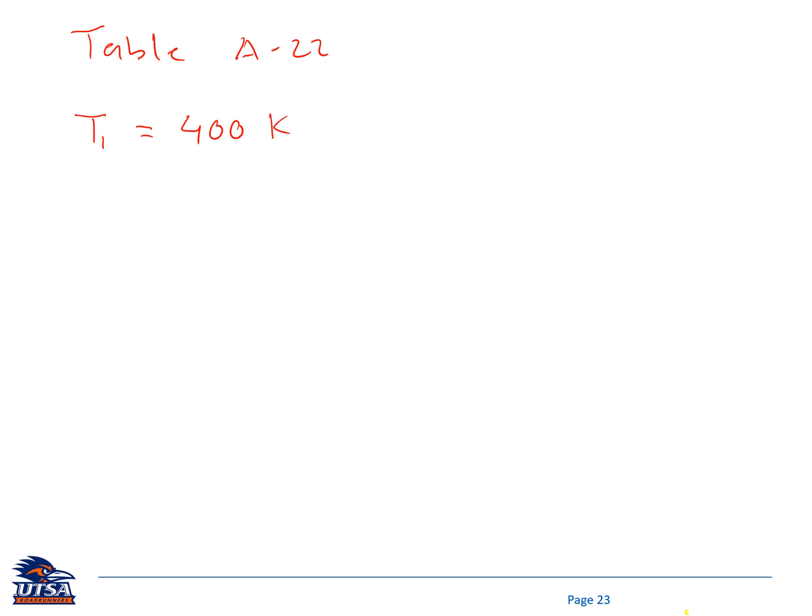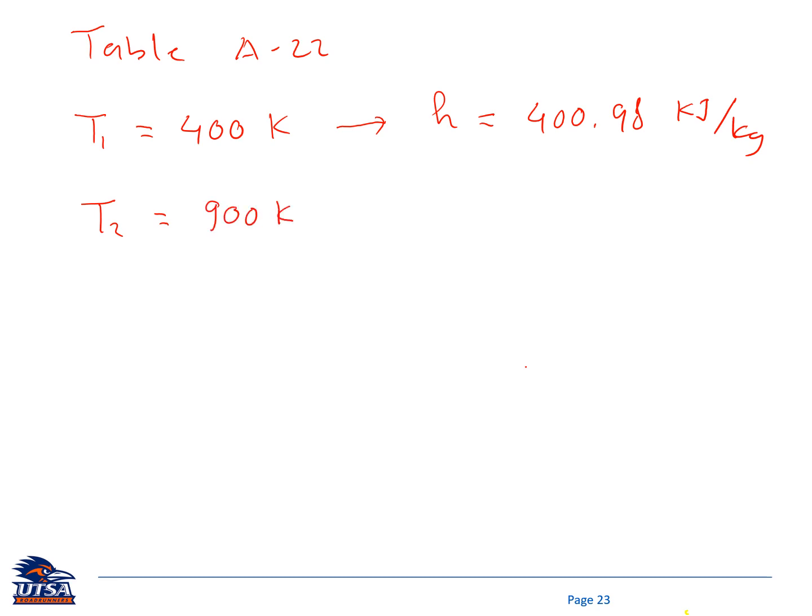At T1 equal to 400 Kelvin, I think you will get enthalpy equal to 400.98 kilojoule per kilogram. And then T2 is 900 Kelvin.